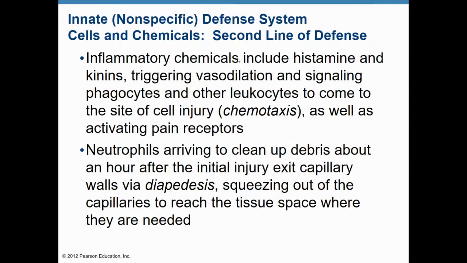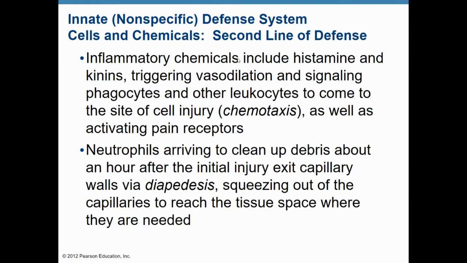Now, inflammatory chemicals like histamine and kinins are going to trigger vasodilation. Vaso means vessel. Dilation means to increase in diameter. And that is going to signal phagocytes and other leukocytes to come to the area where the tissue injury has taken place.